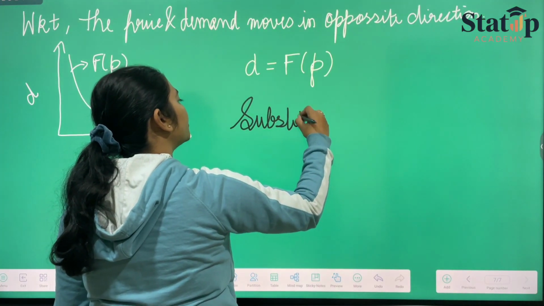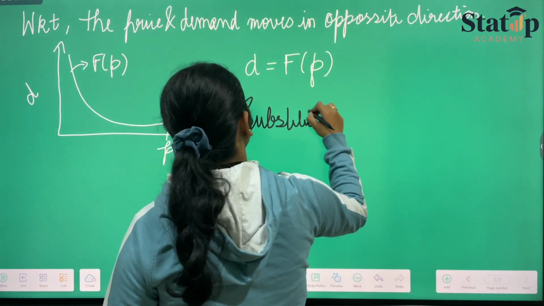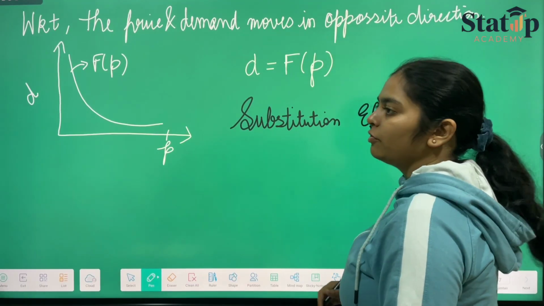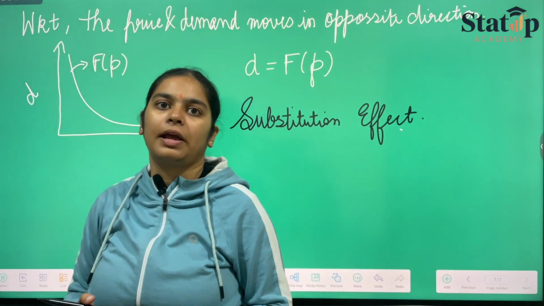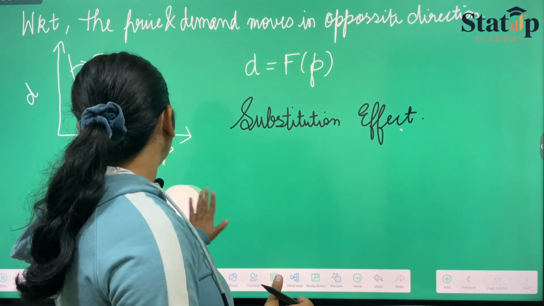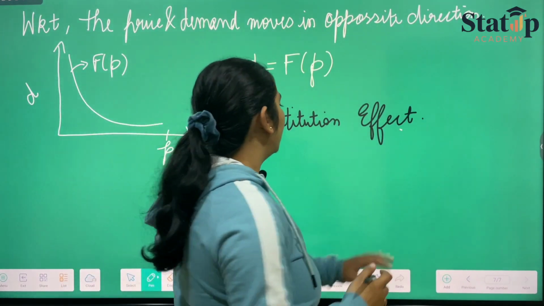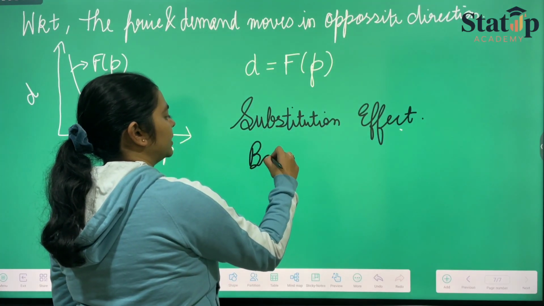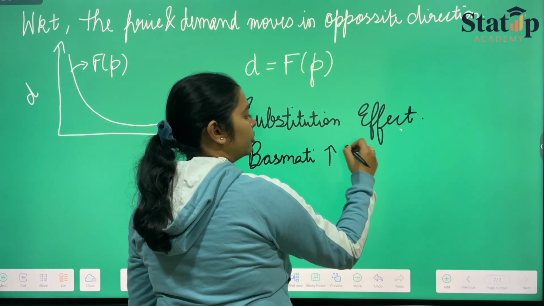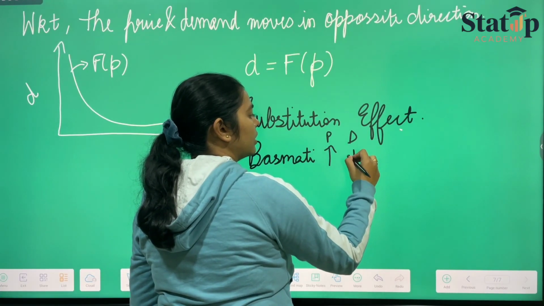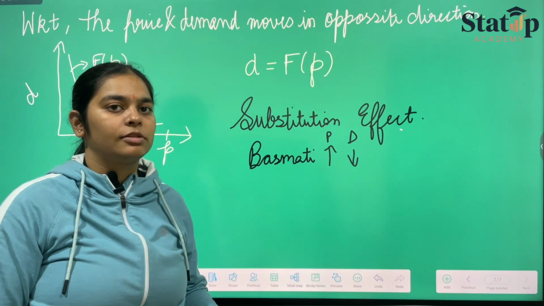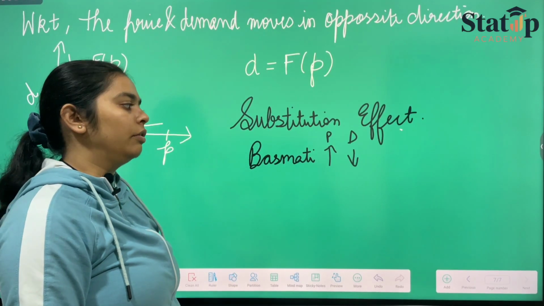What is substitution effect? If the price of one commodity, suppose the price of a certain kind of rice, suppose the price of basmati rice is increasing, so its demand would decrease, and that is why we can substitute this basmati rice with a lower quality of rice.